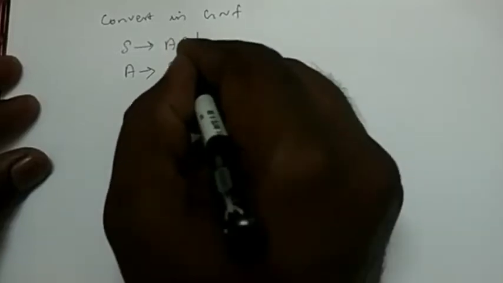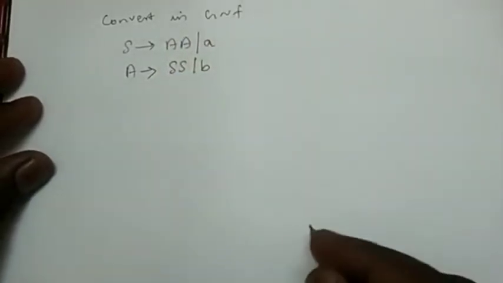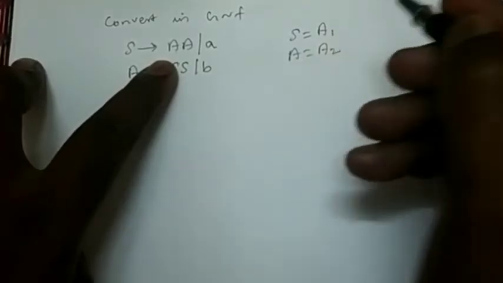We take a grammar S tends to AA bar small a, and A tends to SS bar small b. Now you have to name the rules as the condition says: whatever non-terminals exist, you have to name them in the convention of A. S is the starting symbol, so I name S as A1. The second non-terminal, A, I name as A2.